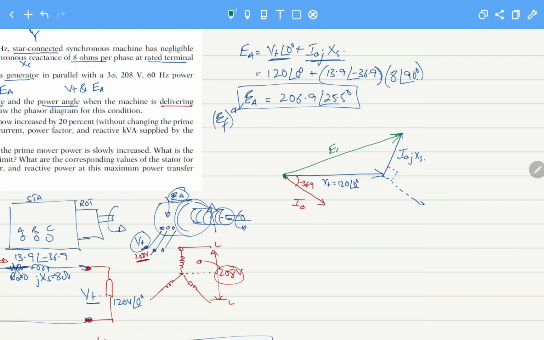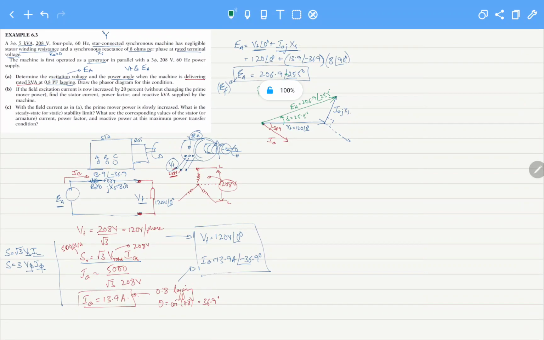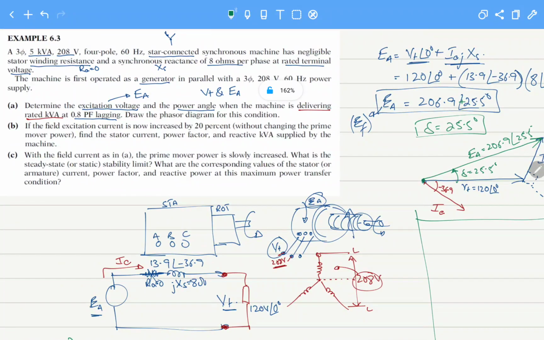This is EA, that is 206.9 angle 25.5, and here is the angle. The angle is positive, as you can see. The power angle is 25.5 degrees, that is delta. So this is the phasor representation of our circuit. Okay, so we have concluded part A.